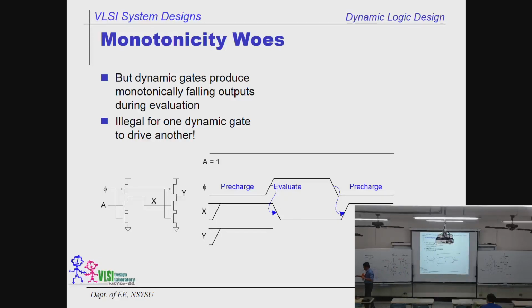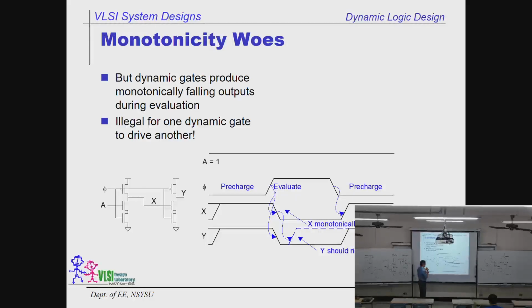But right now, what's going to happen? During the evaluation phase, phi will be high. So both of these PMOS will be denied, okay? So this is high, and then X will be dropped from 1 to 0.